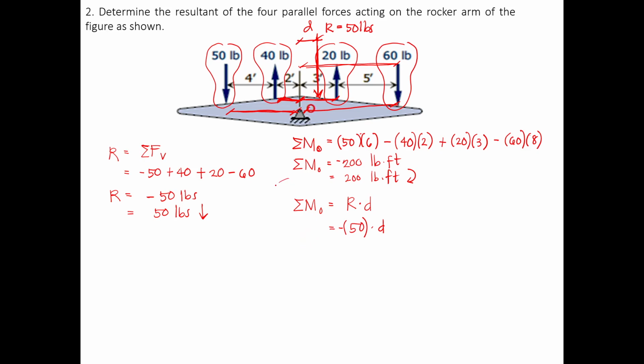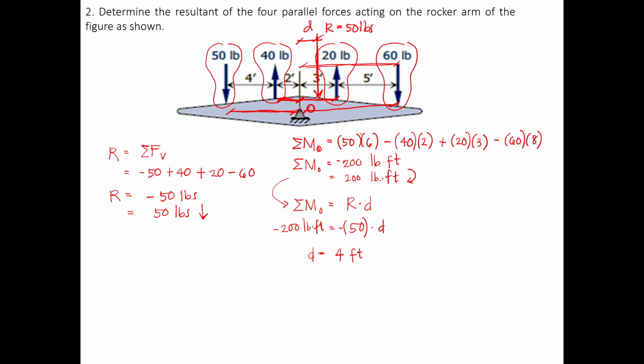Incorporating it here again, we have negative 200 pound per foot divided by 50, so the distance is 4. So d is equal to 4 feet.